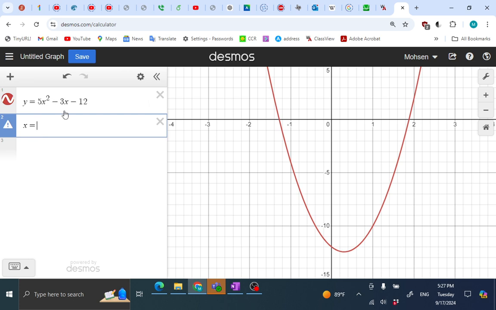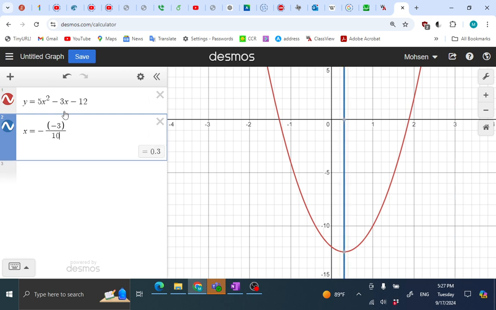B is, let's write it, minus 3 divided by 2a. 2a is 10. That is, writing it nicely, just 3 over 10. You see, x equal to that is a line that goes exactly halfway in the middle of the parabola. It passes through that vertex. The vertex is 0.3. That's the same as 3 over 10.